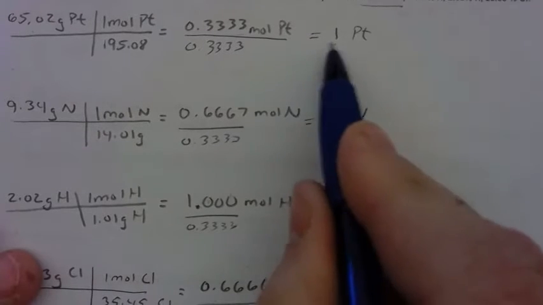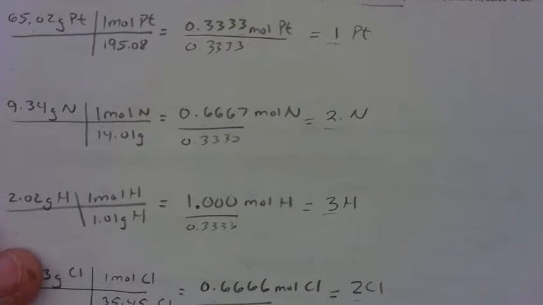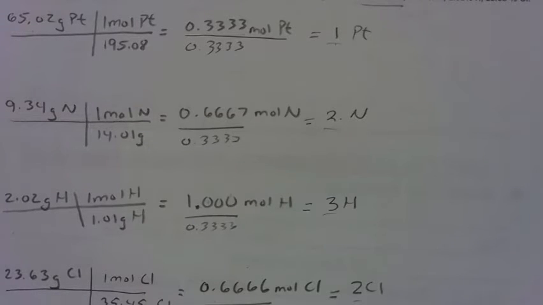Now, these numbers are going to become subscripts. Now, if they weren't whole numbers already, if you rounded off and it was like 1.3 or 1.6 or 1.5, you then do the process again, simply dividing by the lowest number of these until you end up with all of them being whole numbers.